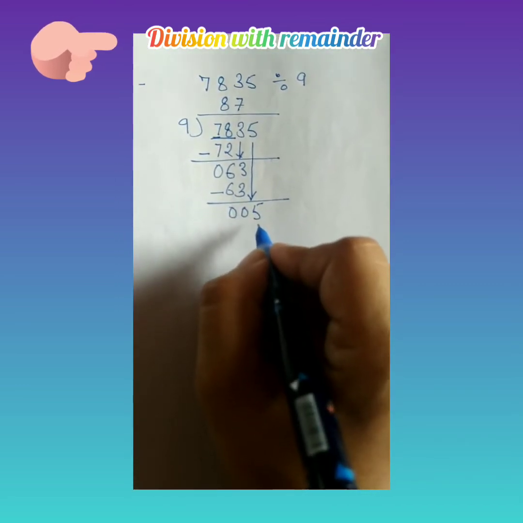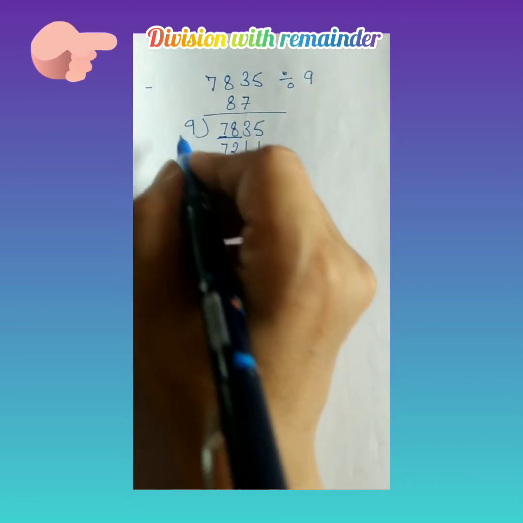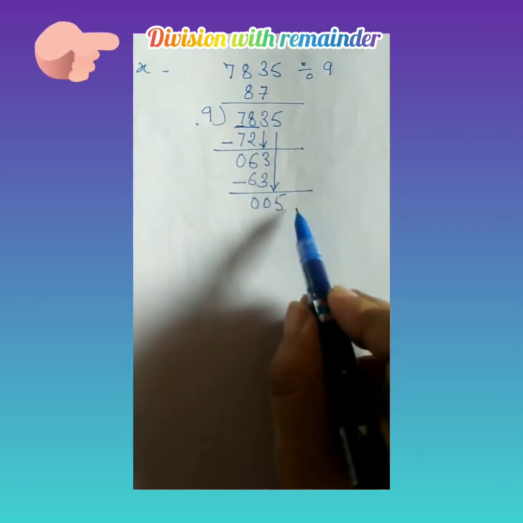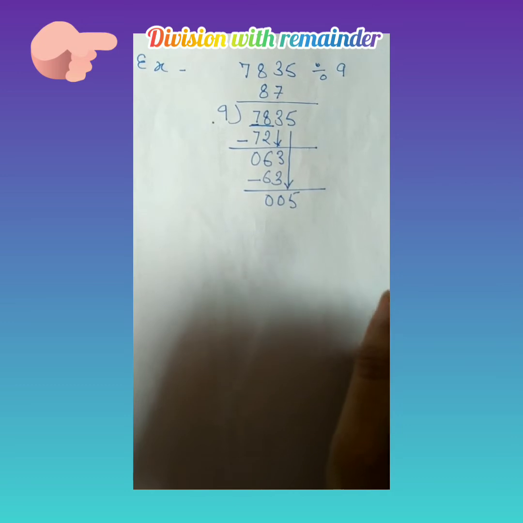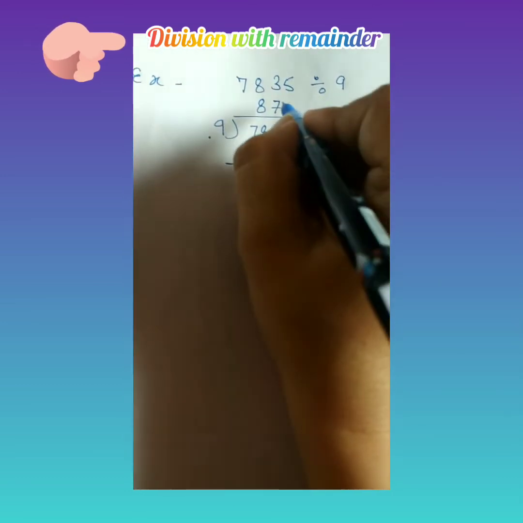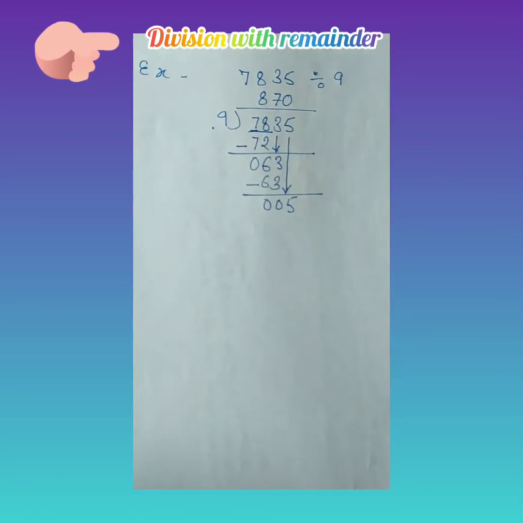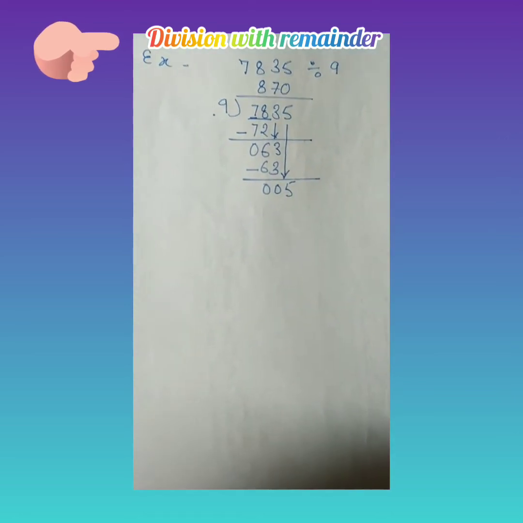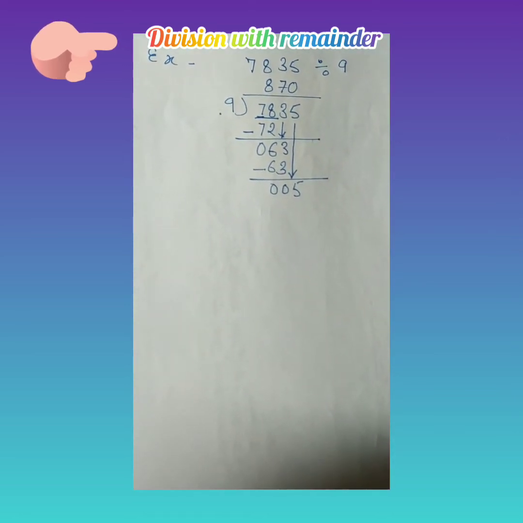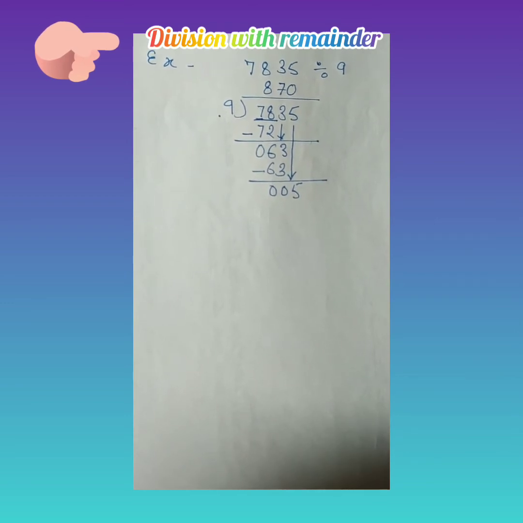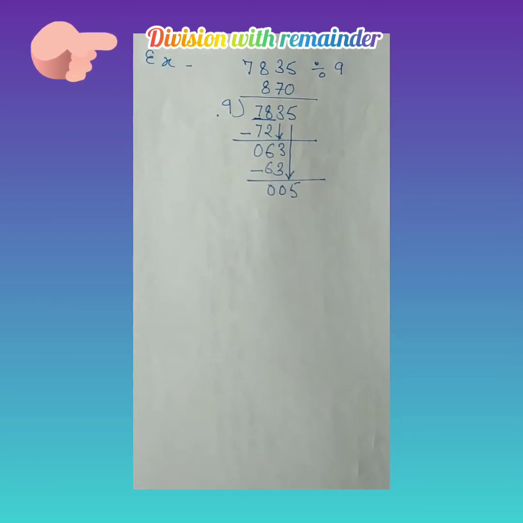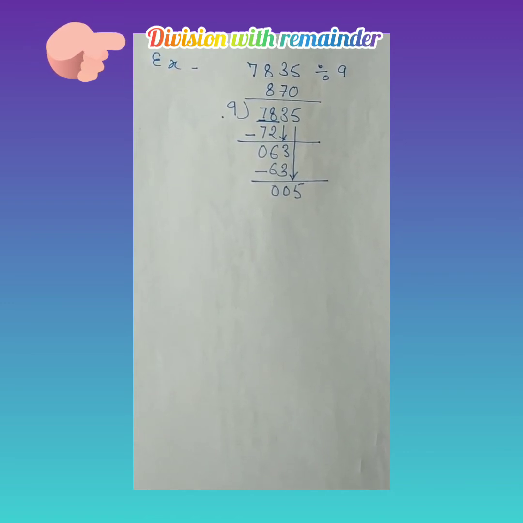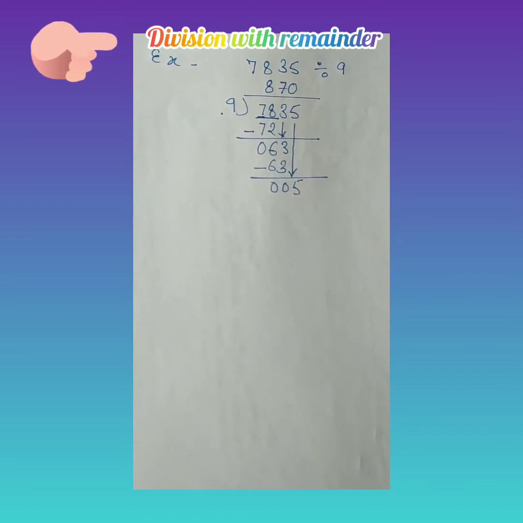So can we divide 5 by 9? We cannot divide this 5 by 9 because it is less than 9. So here we will put a 0 in the quotient. In the previous video I told you that if we write a new digit and we are not able to divide it, then we will have to put a 0 in the quotient.